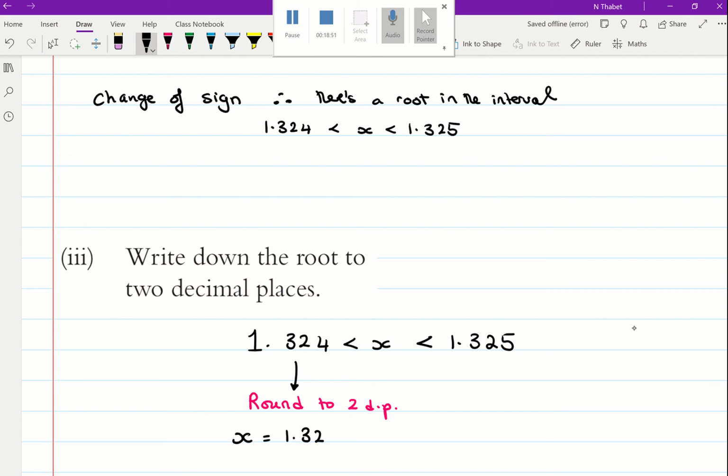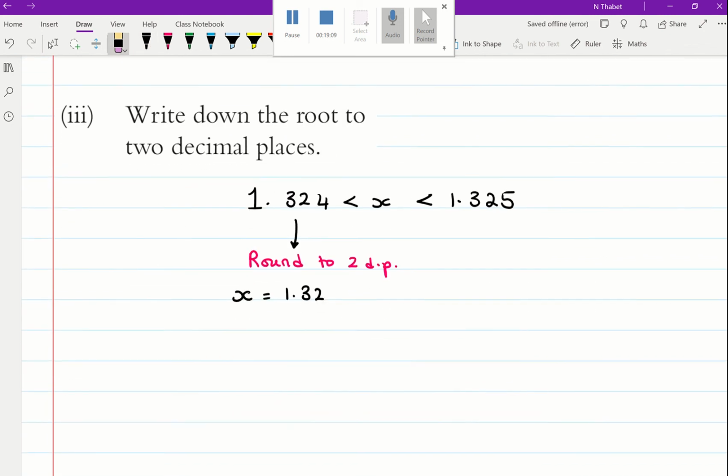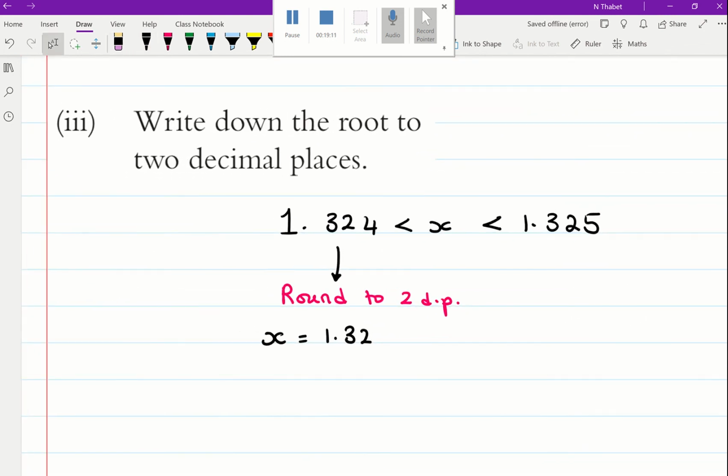It's not going to be this, because if I round this to 2 decimal places, I get 1.33, but 1.33 is not smaller than, it's bigger than 1.325, so it doesn't actually fit into my interval.